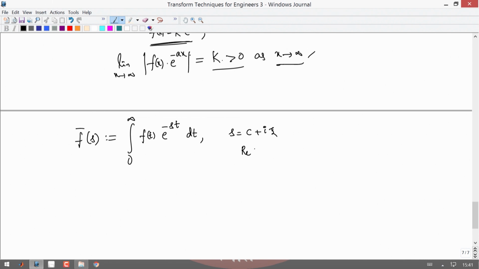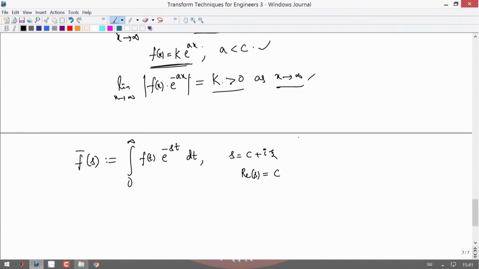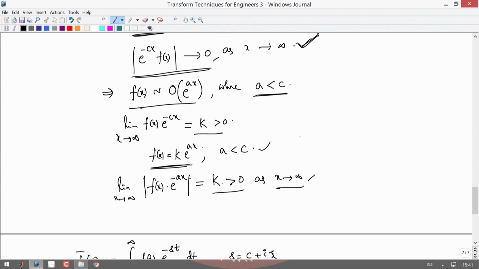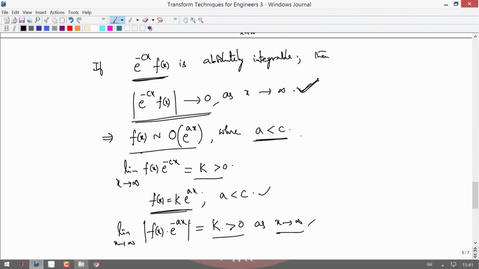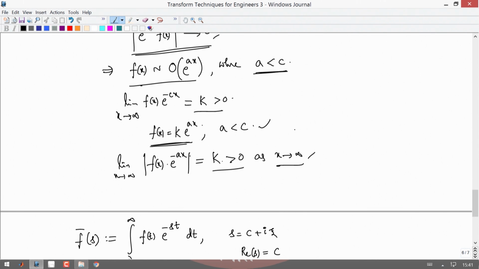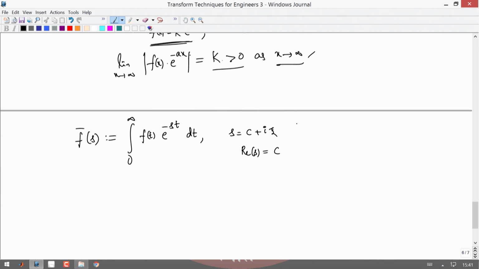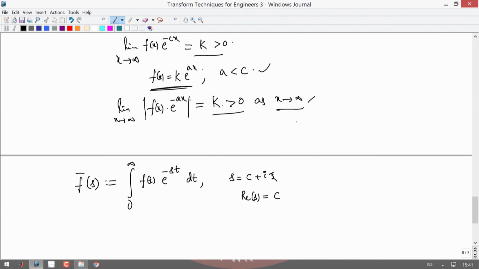So real part of s is actually real part of c, that is, real part of s is c, because we have seen that if I choose f x into e power minus cx, it goes to 0 as x goes to infinity, f x is of exponential order a is less than c. So you have c is bigger than a.